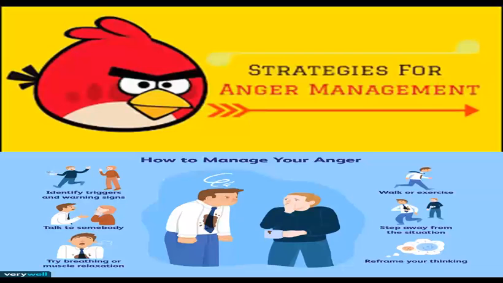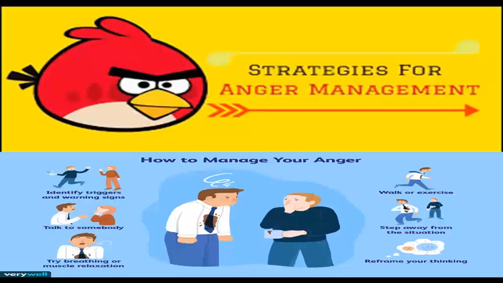The first strategy is to identify what triggers your anger. If you are able to do so, you might decide to structure your day differently to help you manage your stress better.